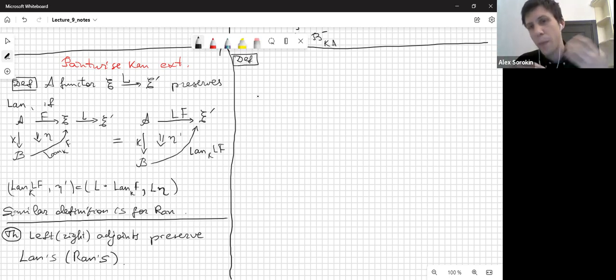Since co-end calculus is our main tool that was introduced a couple of lectures before, then everywhere where ends or co-ends appear, we will think about something that preserves them. Limits and co-limits are particular cases of ends and co-ends. And you just saw that left Kan extension is a co-end and right is an end. So if something preserves ends, and a limit is a particular case, as we had a formula for how to reformulate an end or co-end as a limit using a category of elements, then everything that preserves co-limits will of course preserve Kan extensions.